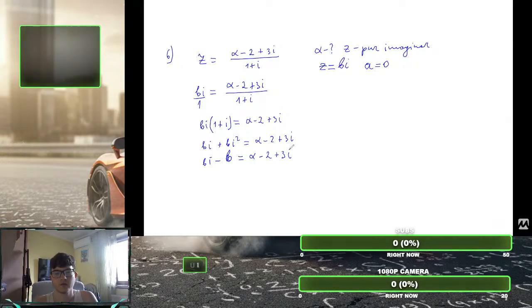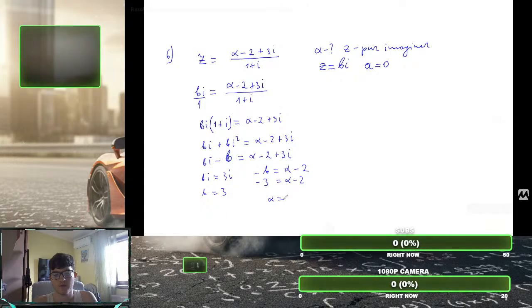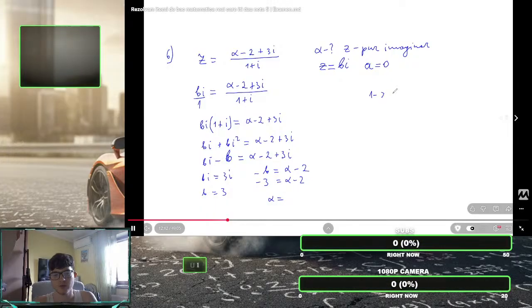Okay, now we just have to work with the real and imaginary part. bi is going to be equal to 3i, so b is going to be 3, and minus b is equal with that. So now we will understand that alpha is indeed what? 1?